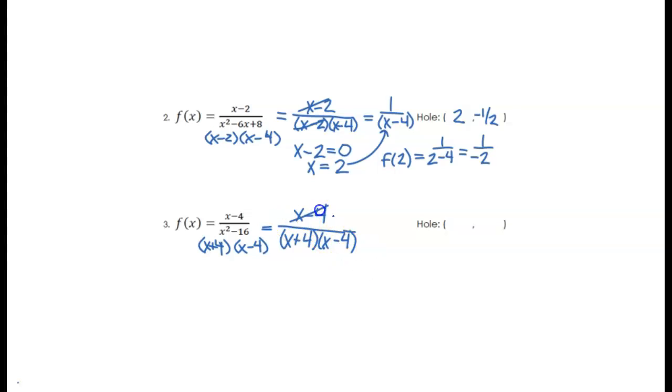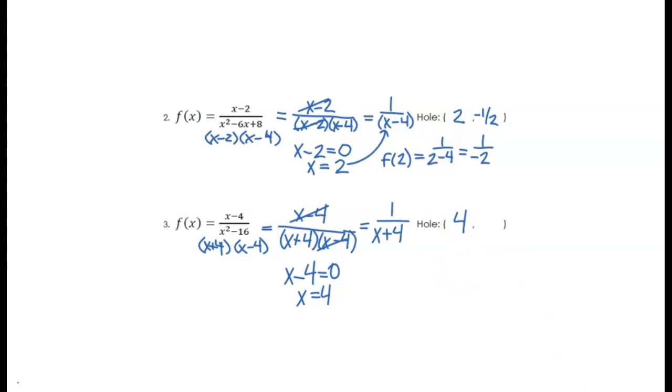X minus 4 is the factor that cancels, so what remains is 1 over, correct, x plus 4. So since we had a pair of factors that canceled, that means that there's a hole where x minus 4 equals what? So I add 4 to both sides, I get x equals +4. So there's my x coordinate for where the hole is.